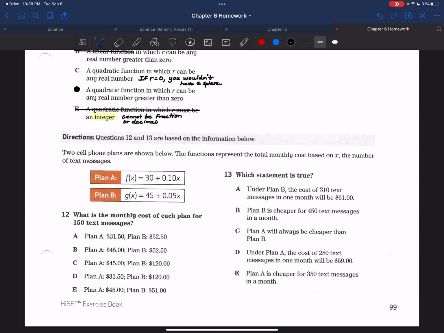So for Plan A, that's called f of x, you can get a flat fee of $30 a month plus 10 cents a text message. And in Plan B, which is called g of x, you can do a flat fee of $45 a month and only pay 5 cents per message. So number 12 says, what is the monthly cost of each plan for 150 text messages?